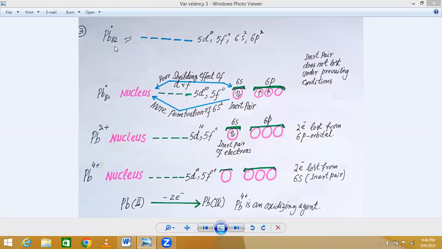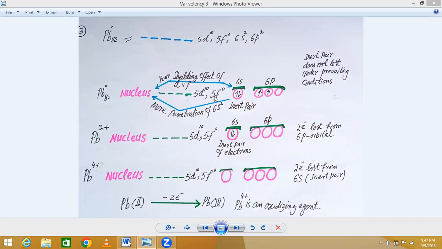Now, taking the example of lead with atomic number 82, the configuration can be written as, in the outermost shell, 6s2, 6p2, and also we have the d orbitals there. We can write for the 82 electrons like this: 5d10, 5f0, and for 6s they have 2 electrons, and 6p they have 2 electrons.